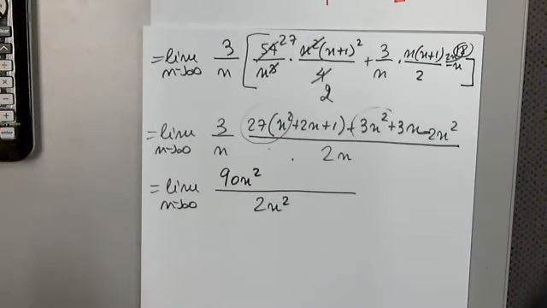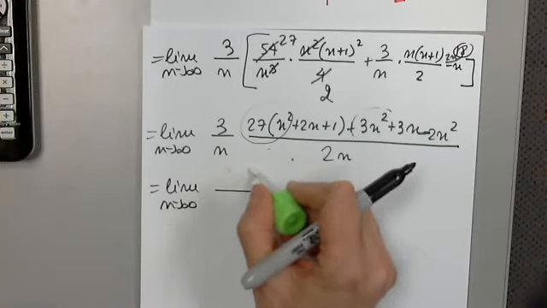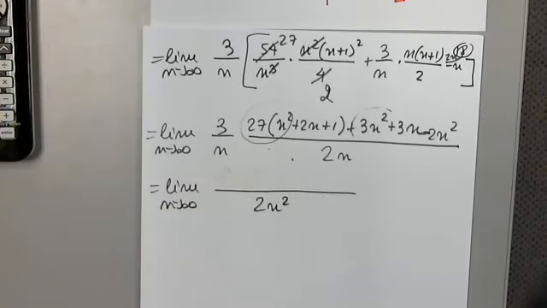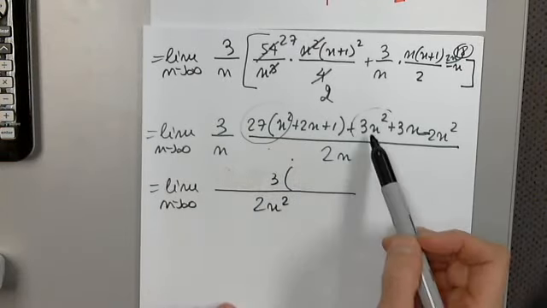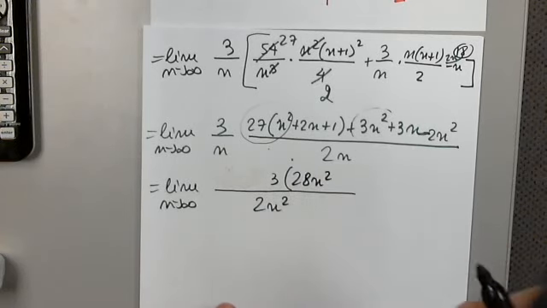Let's not jump and rush. That's when I mess it up. So I'll copy 3 outside. So 27 plus 3 is 30. 30 minus 2 is 28n squared.